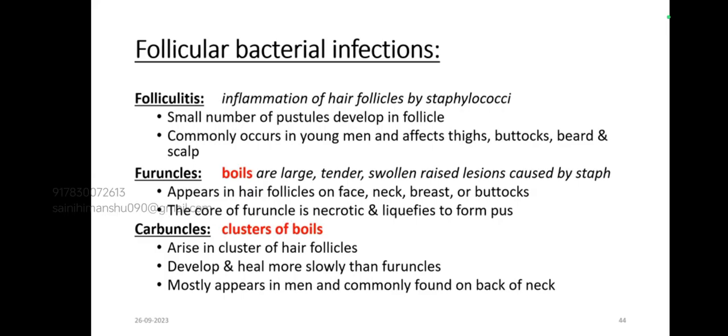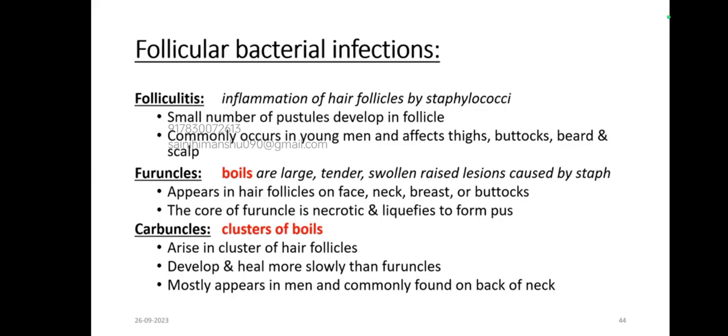These are the common factors behind naming a skin disorder. So folliculitis is self-explanatory, where there will be pustules on the follicles, and it is common in fat-filled areas where there is plenty of hair.